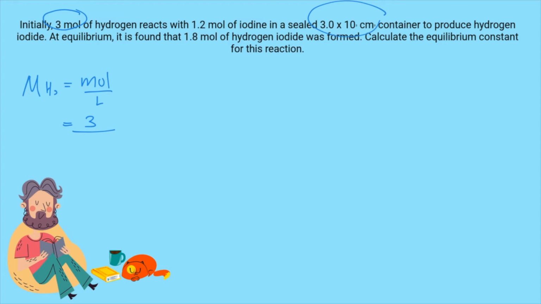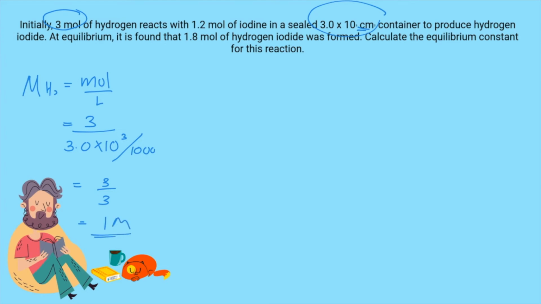Remember that this is in cm³, so you need to convert it to liter. So you divide 3.0 times 10 to the power of 3 cm³ by 1000 to convert it to liter. So you will get 3 divided by 3, equivalent to 1 molar.